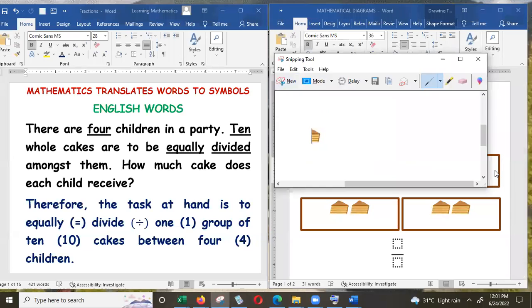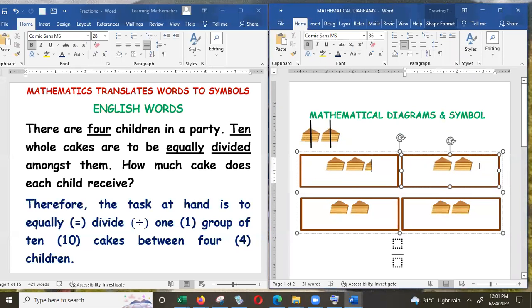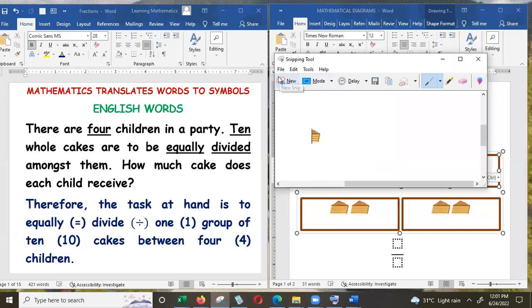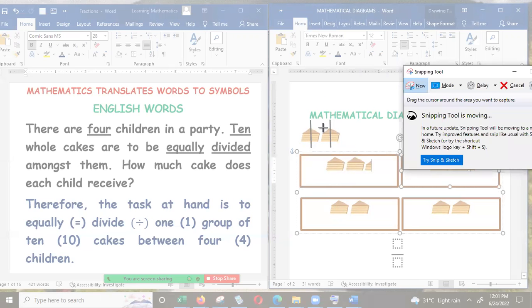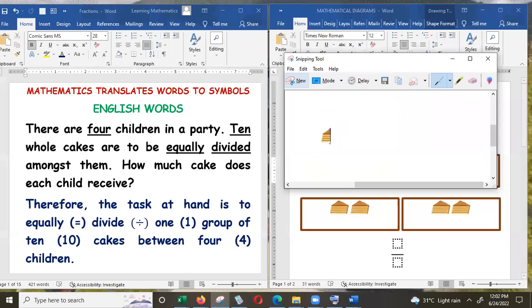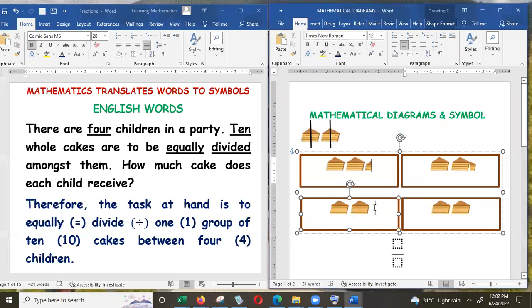So it itself is also 1 out of 2 slices from a whole. The same is going to be repeated for the second cake, for the 2 other children. Take that slice there, which is 1 out of 2 of a whole.